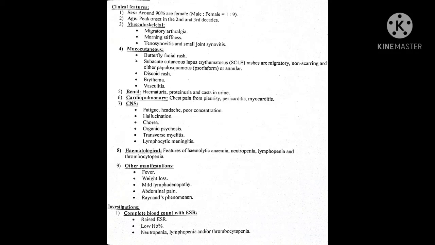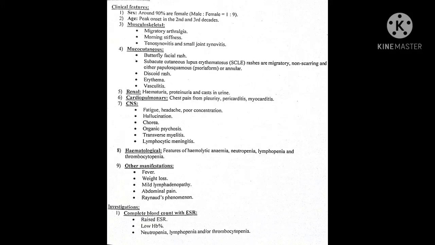And cardiopulmonary features are chest pain from pleurisy, pericarditis, and myocarditis. CNS features are fatigue, headache, poor concentration, then hallucination, chorea, organic psychosis, transverse myelitis, lymphocytic meningitis may be present.